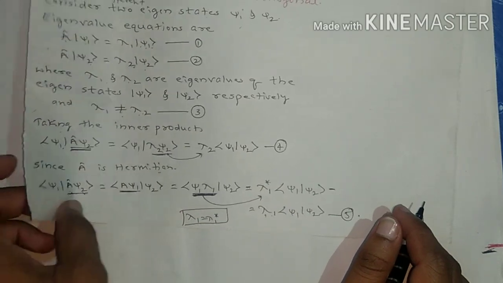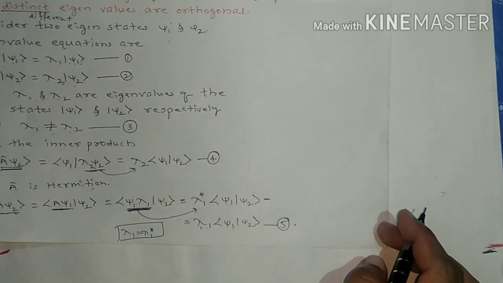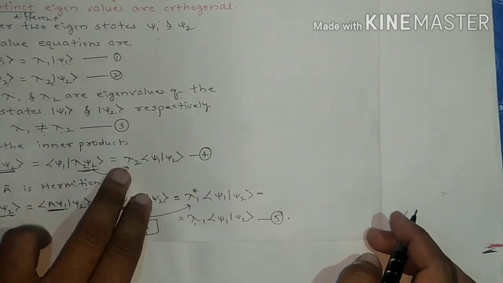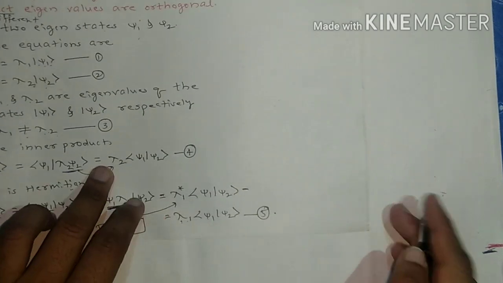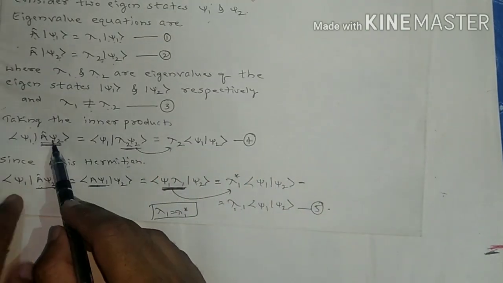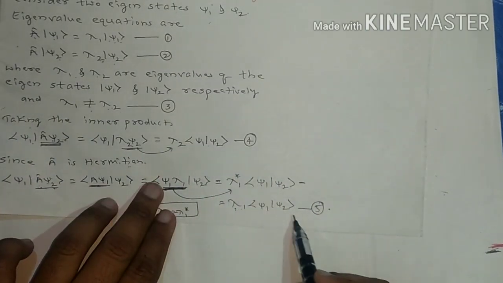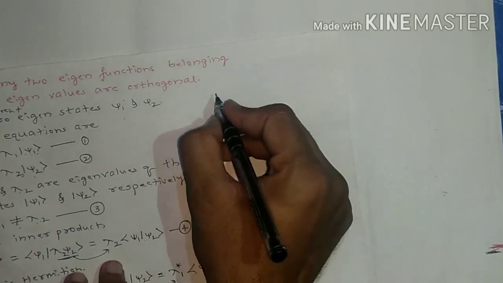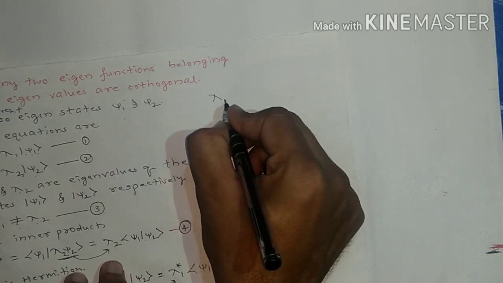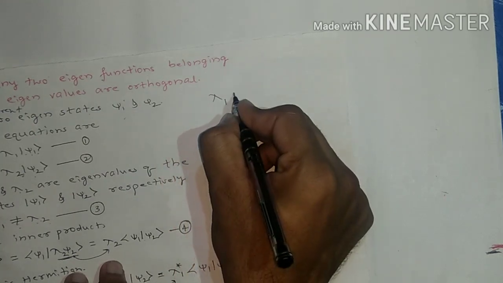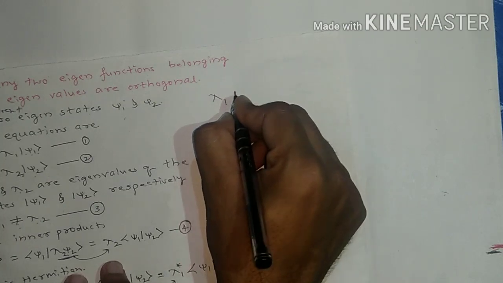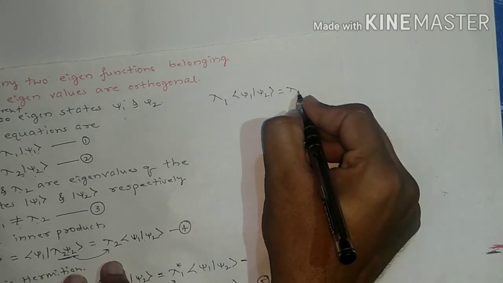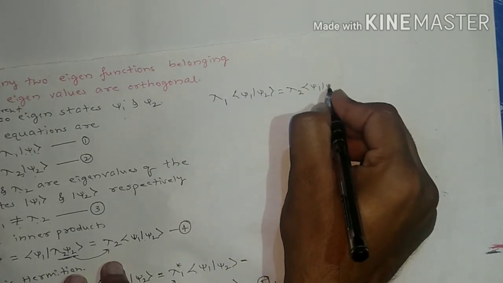Now let us compare equation number 4 and 5. Here the LHS are the same, so the RHS have to be the same. When we compare, we get lambda 1 times the inner product of psi 1 and psi 2 is equal to lambda 2 times the inner product of psi 1 and psi 2.